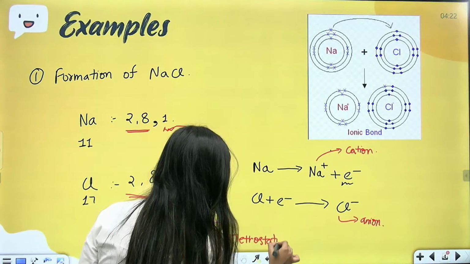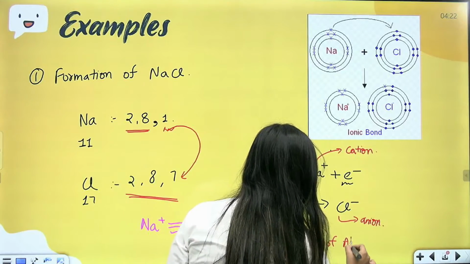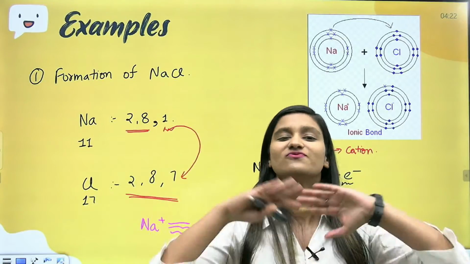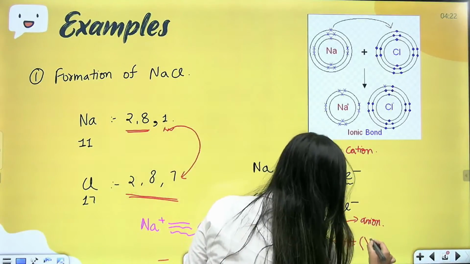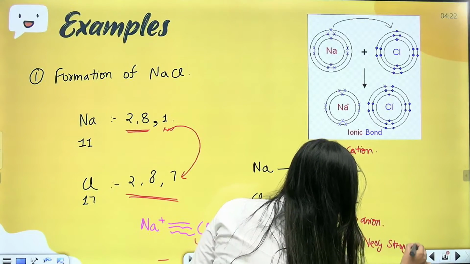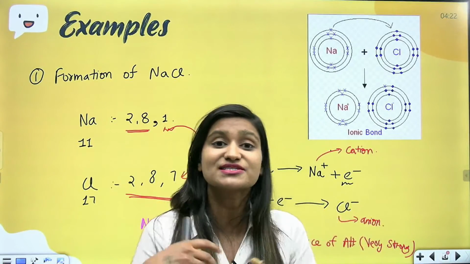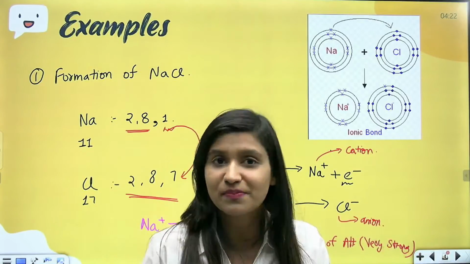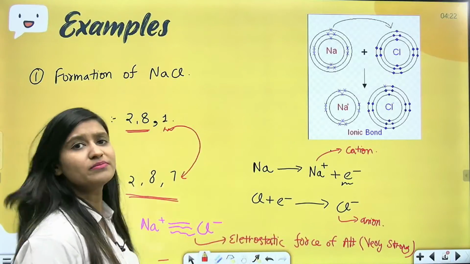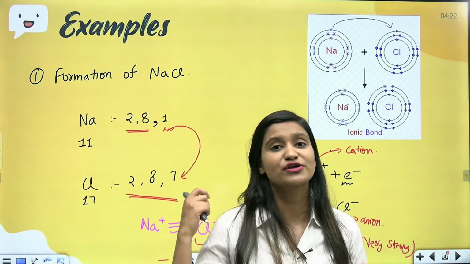And always remember that it is very strong. So simply now this attractive force is called an ionic bond or an electrovalent bond. Why? Ions are formed, Na positive and Cl negative, so it simply becomes an ionic bond.